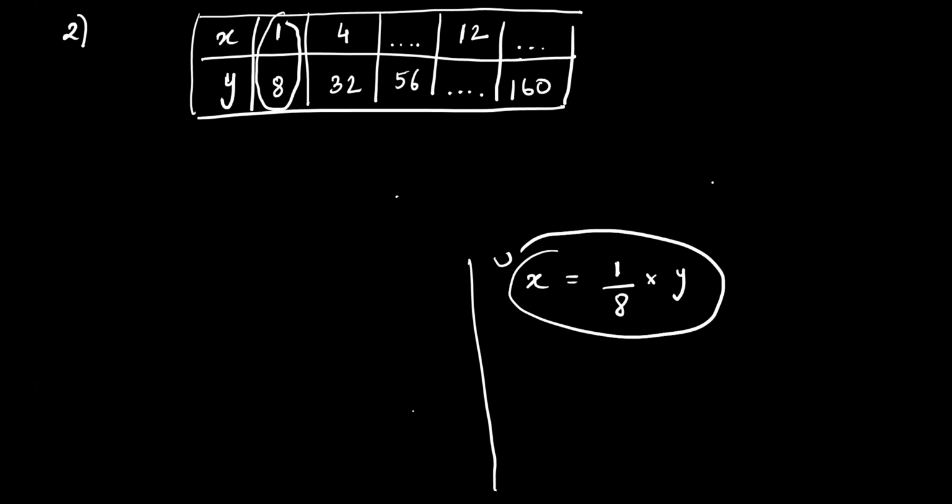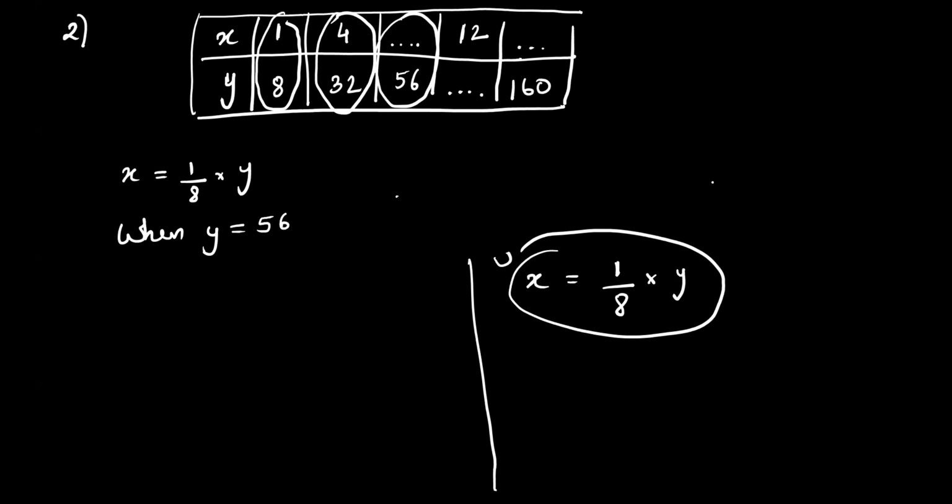Okay, let's continue. Now we have gotten X is equal to 1 upon 8 into Y. Now here we don't need to find anything. Both values we know. So let's jump directly to this part. Here, if you notice, X is not known, Y we know is 56. So let us write when Y is equal to 56.